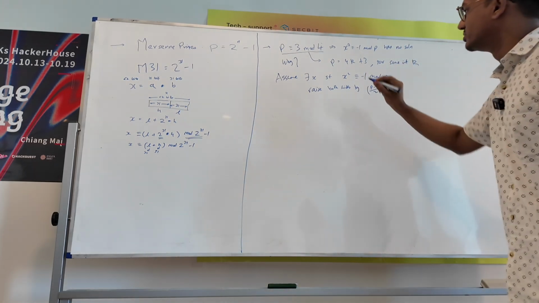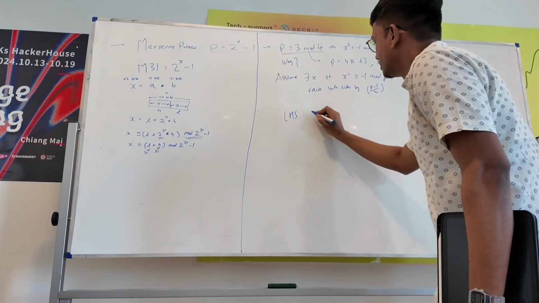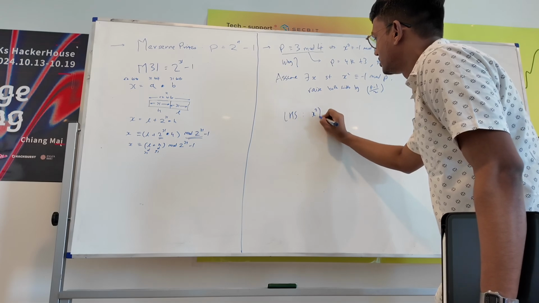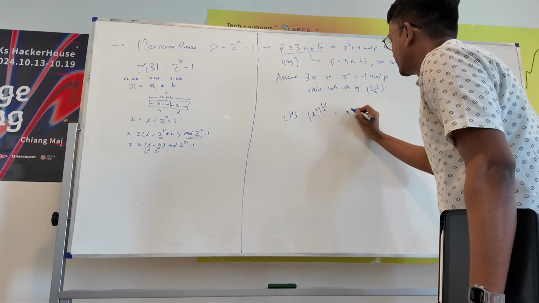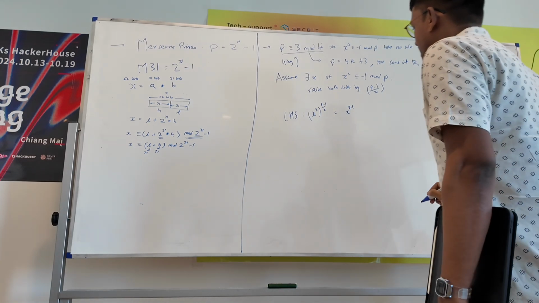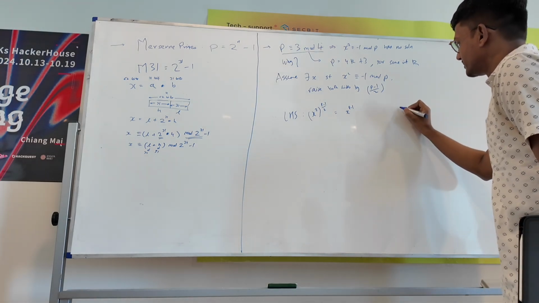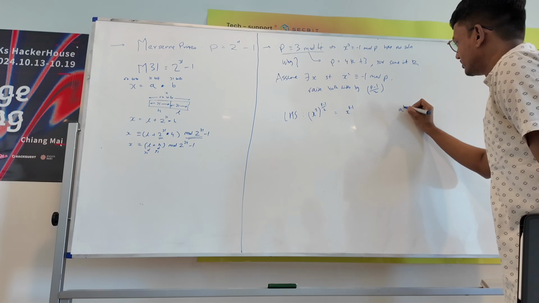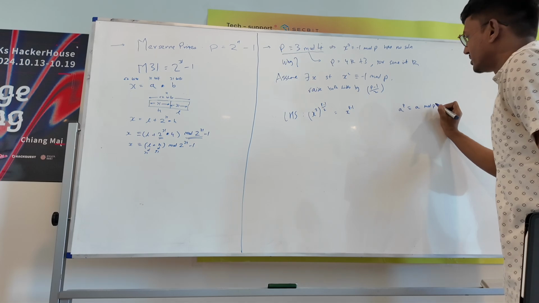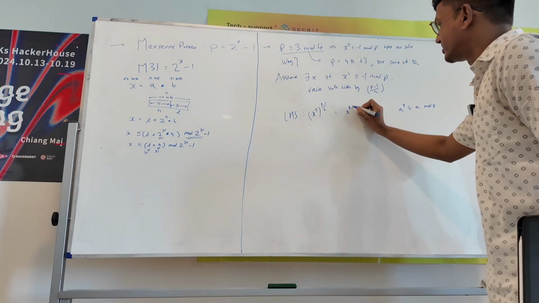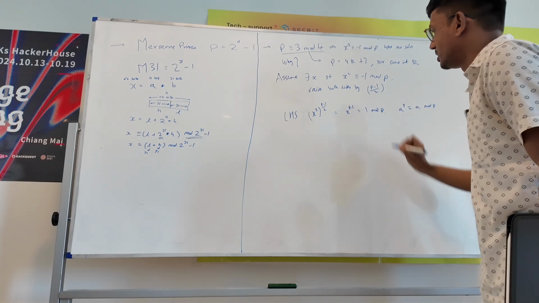Then the expression on the left hand side will be x raised to p minus 1 by 2 squared, which will be the same as x raised to p minus 1. And here you can use Fermat's theorem, where a raised to p is the same as a mod p. So x raised to p minus 1 will be the same as 1 modulo p.